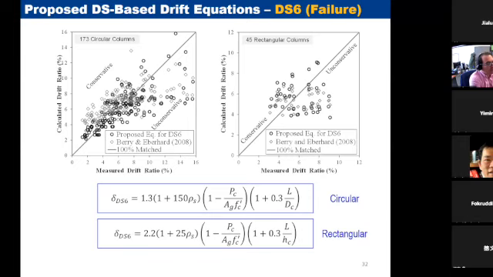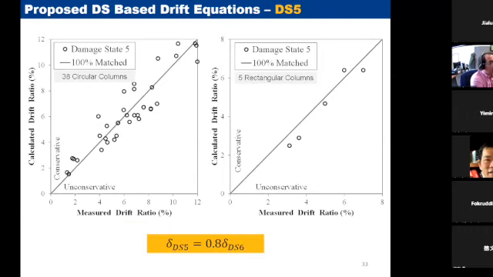If you are at damage state 6 for a bridge, which was, if you remember, rupture of multiple bars or buckling of multiple bars, the top equation will be the displacement or drift for circular columns, and the bottom one would be for the rectangular ones, based on the database that we have. We could do the same thing for the other damage states 1 to 5, but we noticed that for a few of those, rather than developing a new one, you can just relate it to the next damage state.